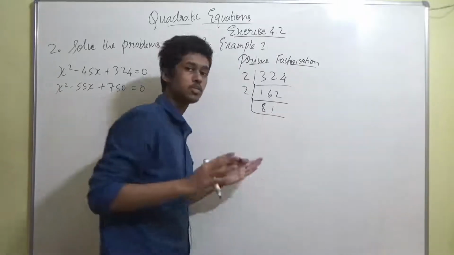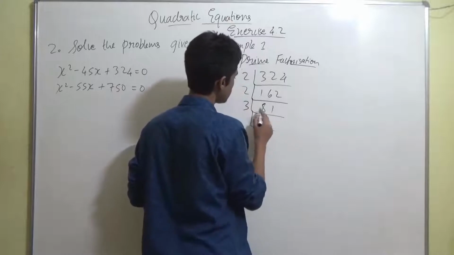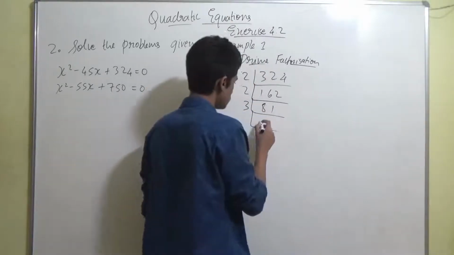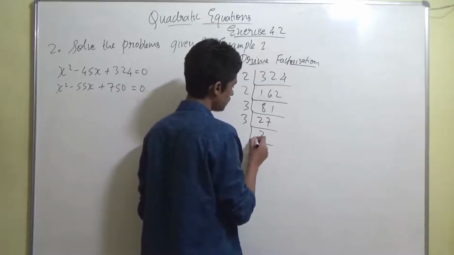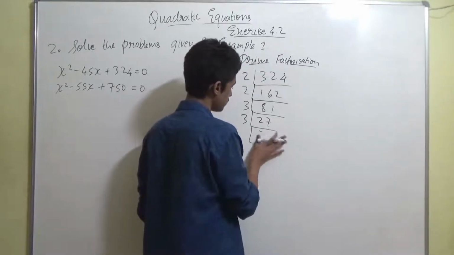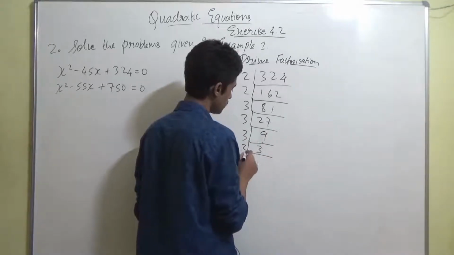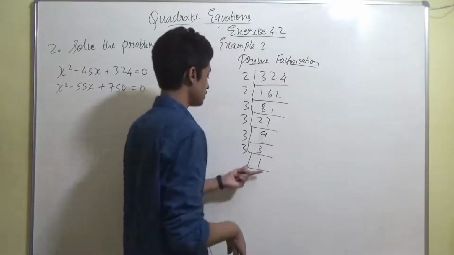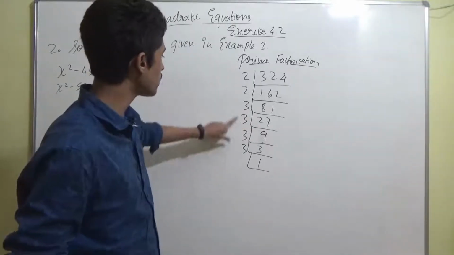Now 81 is not divisible by 2, so you have to divide by 3. If you divide by 3, it becomes 27. Correct? Now again you can divide with 3. It becomes 9. Now again you can divide 9 with 3. It becomes 3, 3, 1. Getting it, guys? Till you get 1, you have to do the prime factorization. So the prime factorization you got like this.